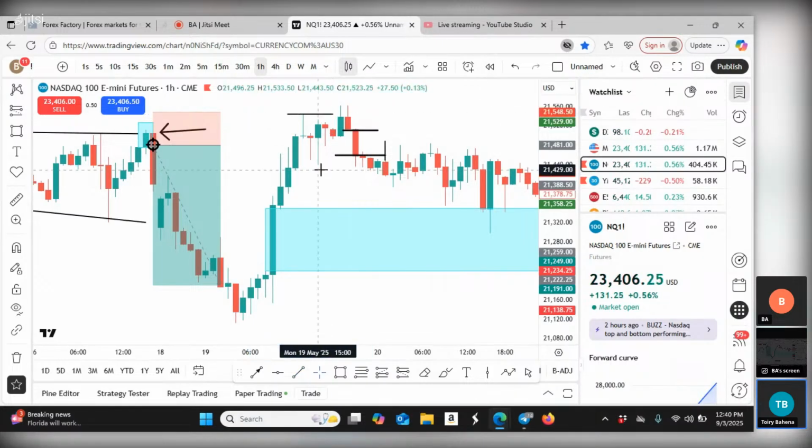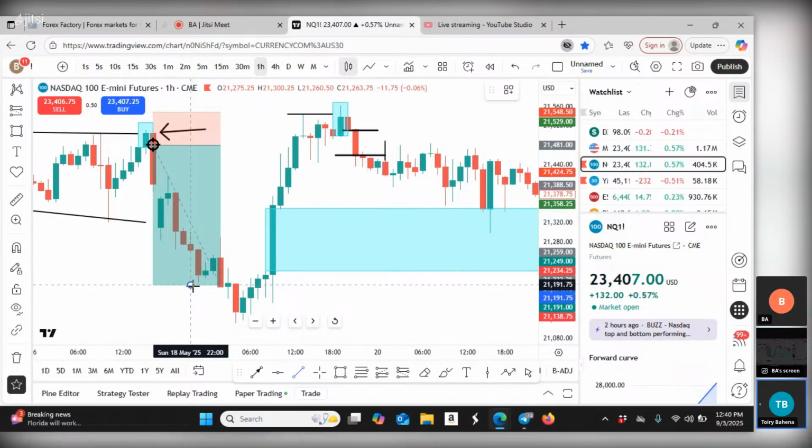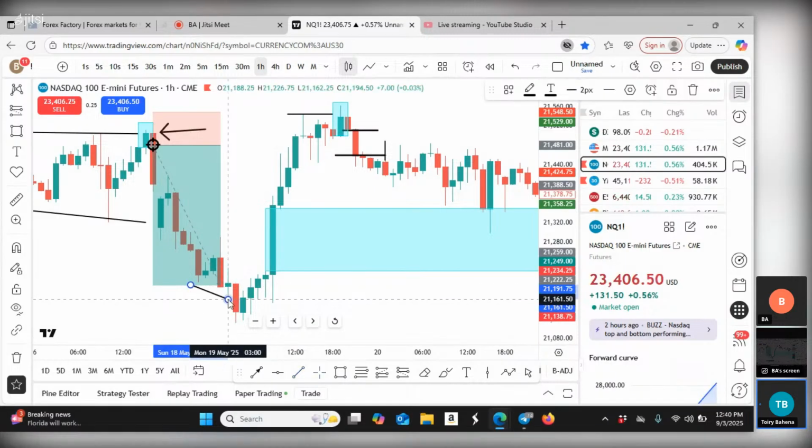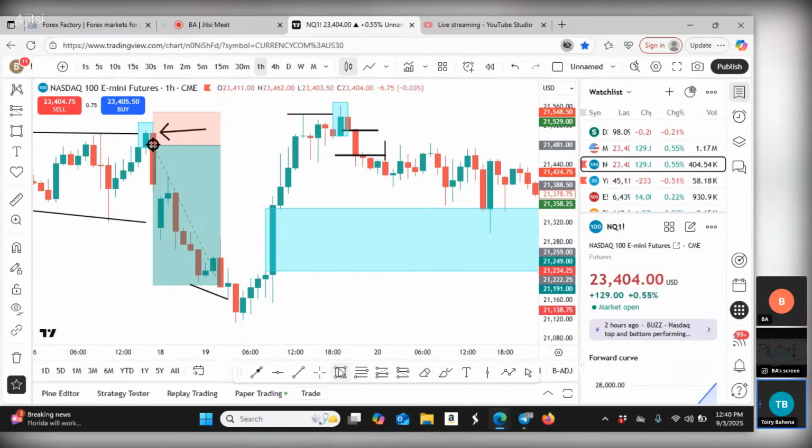They were able to sweep all of that liquidity up there, and then generate, like you said, the accumulation. They're generating enough buyers to be able to dump all of that price again.